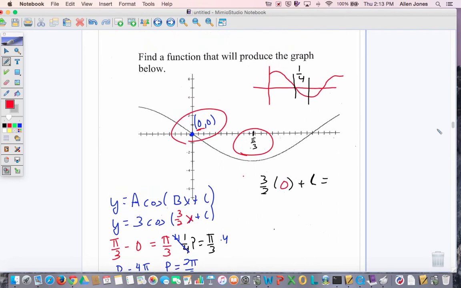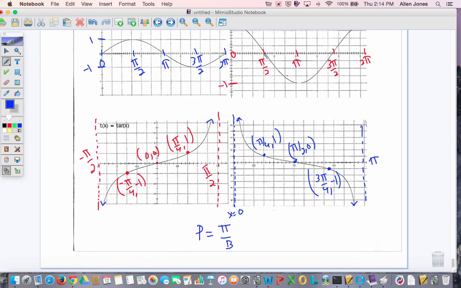Now I'm going to scroll back up just a little bit. That point is where my graph is coming down through the x-axis. So back up here on my generic curve, cosine comes down through the x-axis at pi over 2. That's our critical point. I'll go back to the previous page to illustrate that. Here's where we're coming down through the x-axis.